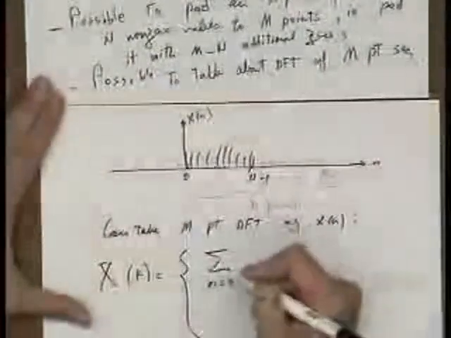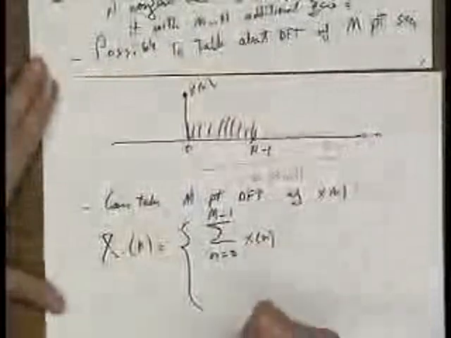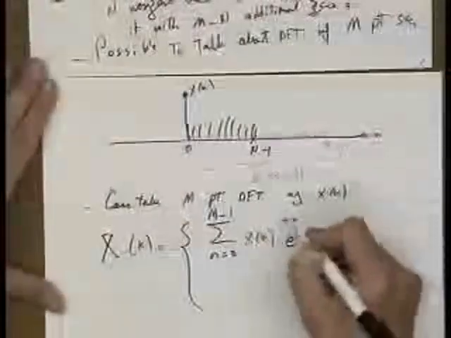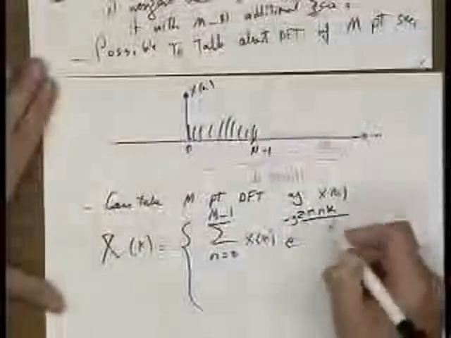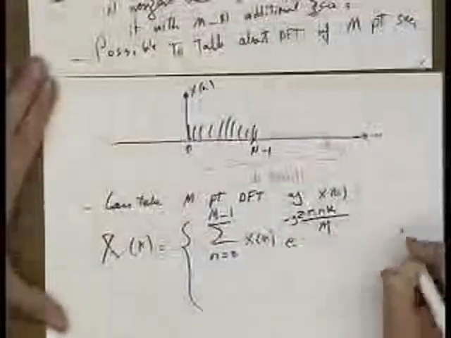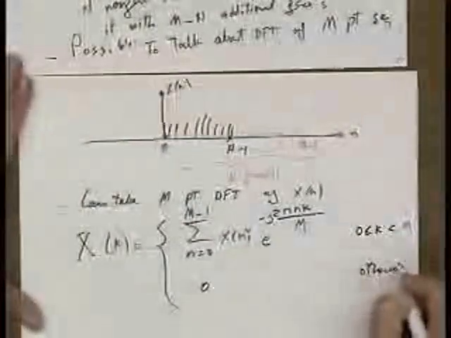It will be again X of k, summation from n equals 0 to M minus 1 of x of n, and what would be the exponential that we put? e to the minus j 2 pi nk over M. And this is for k between 0 and M minus 1, or it's 0 otherwise.